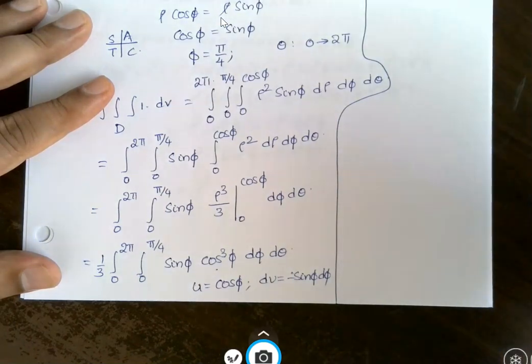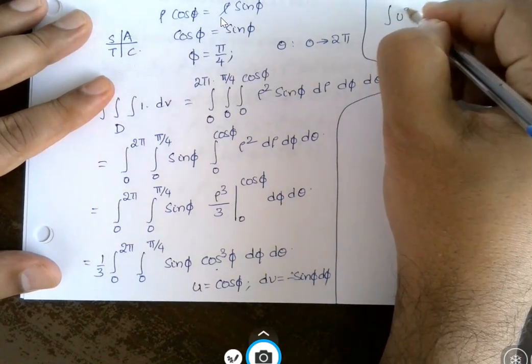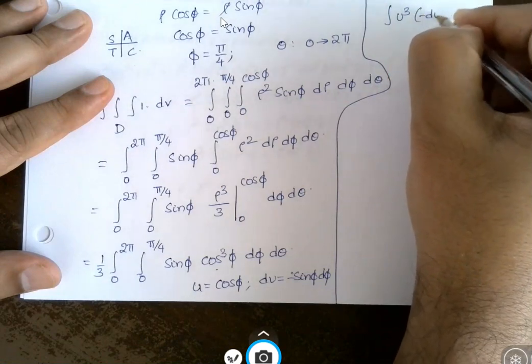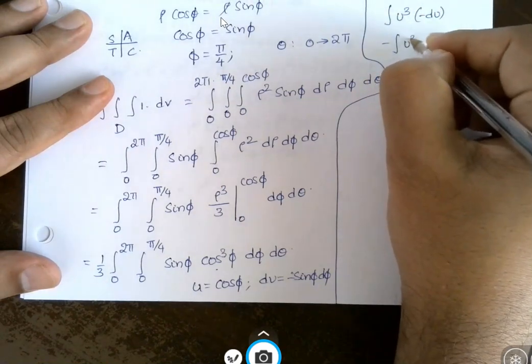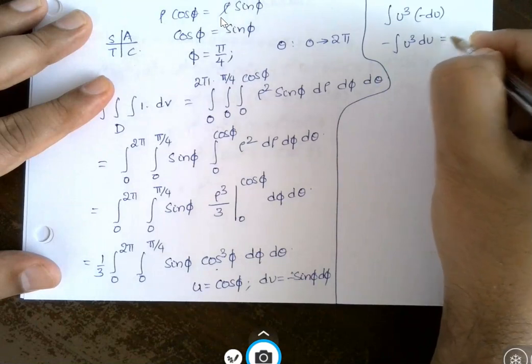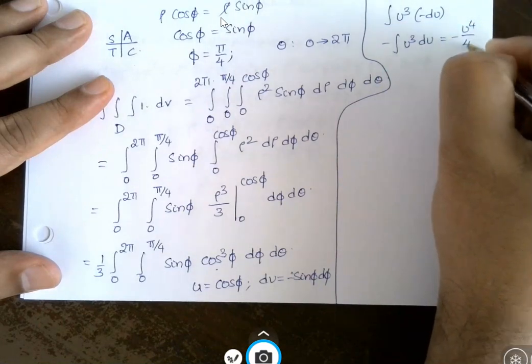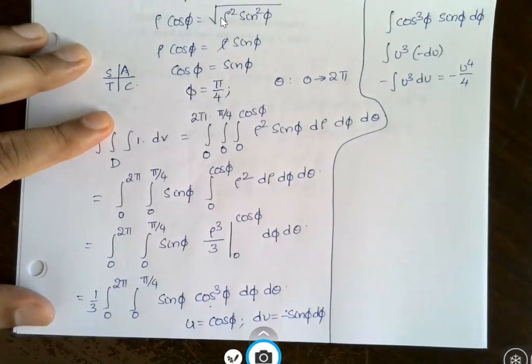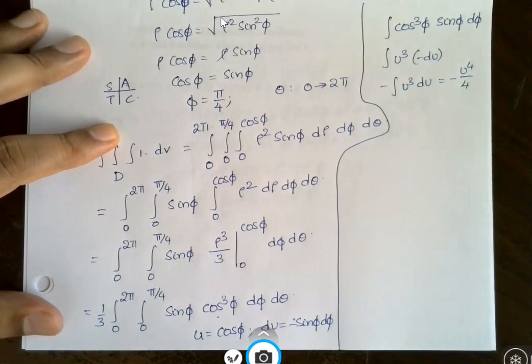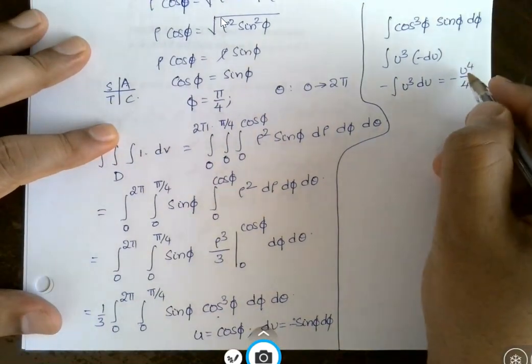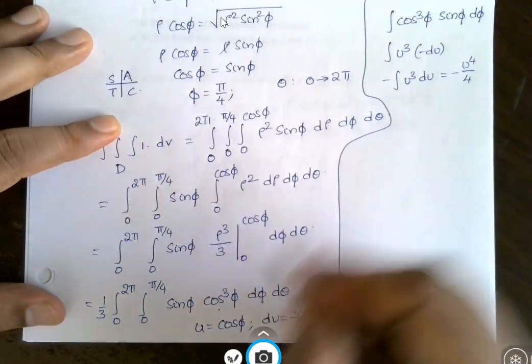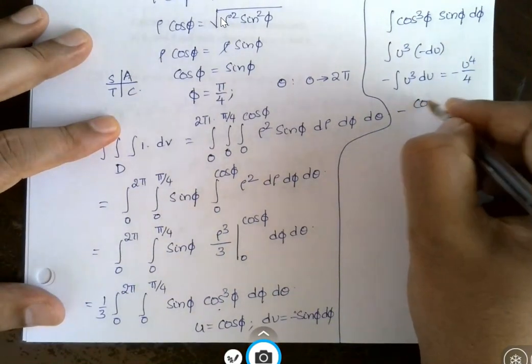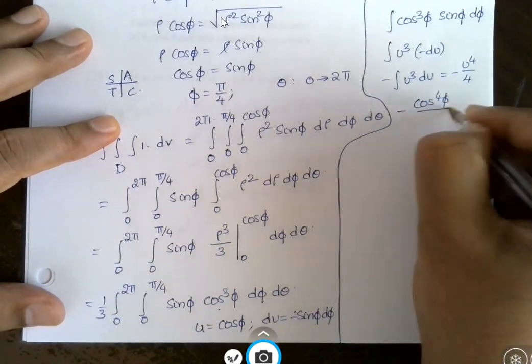That's going to be u cubed times minus du, so negative of u cubed du. That's going to be negative u to the 4 divided by 4. And recall that your u is cosine phi, so that's going to be negative cosine to the 4 phi divided by 4.